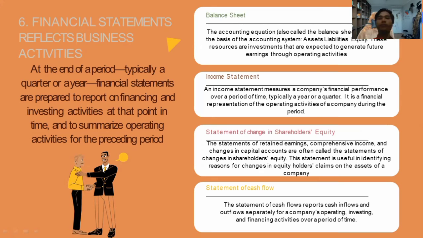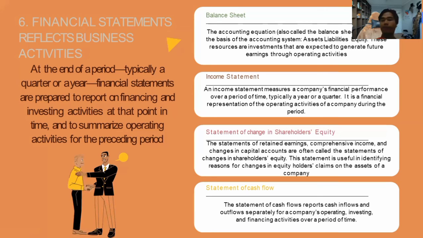And the second one we have is the income statement. An income statement measures a company's financial performance over a period of time, typically a year or a quarter. It is a financial representation of the operating activities of a company during the period. Third, we have the statement of changes in shareholders' equity.